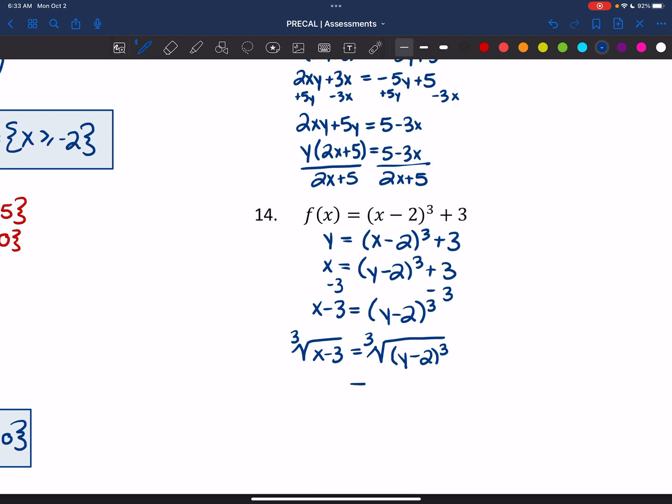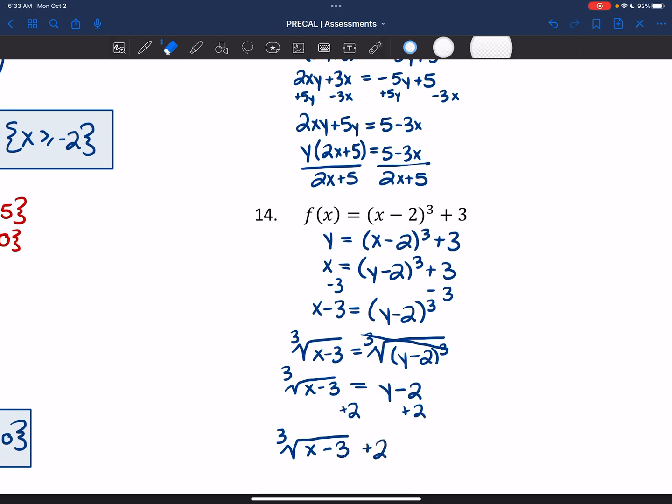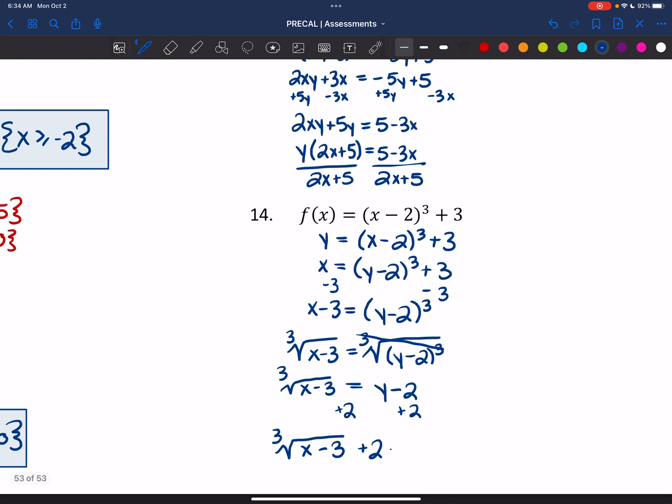So that's going to undo over here. And now last thing that we'll do is add 2 on each side. And that is, look here guys, after the cube root. All right, very important to show that as outside of that grouping symbol.